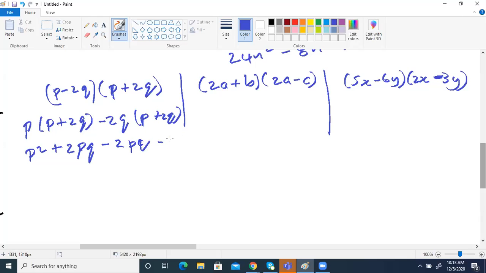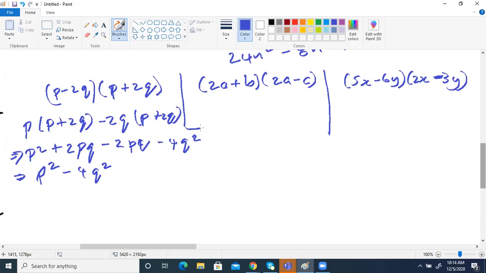And then this is minus 4q squared. So the middle piece cancels out, and you just end up with p squared minus 4q squared. Nice.